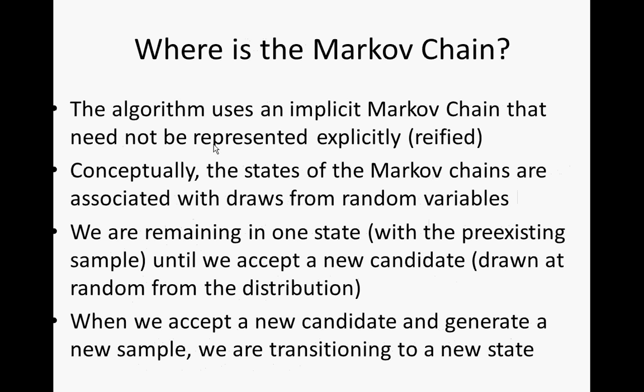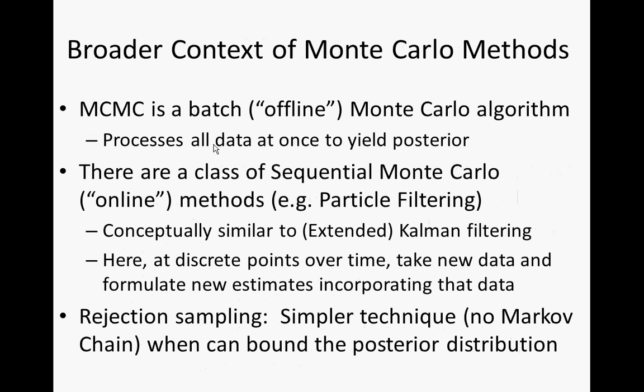There's also, you should be aware, a set of Monte Carlo methods that span different sorts of needs when it comes to incorporating new data. So what we've been talking about here, MCMC, are batch or offline Monte Carlo algorithms. So they process all data at once. We have all data of Y at once to yield a posterior.